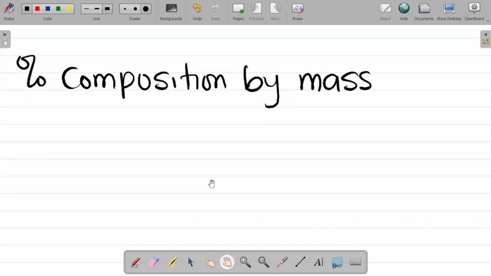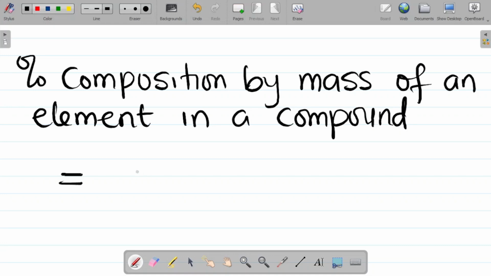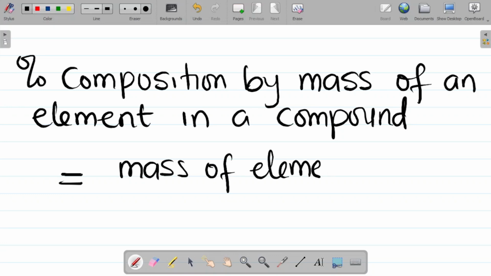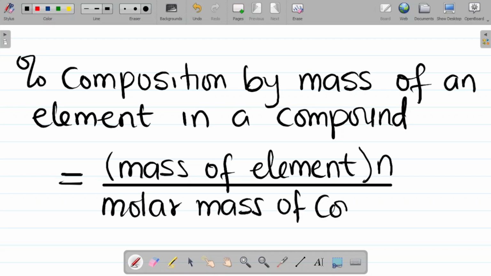The formula for percentage composition by mass of an element in a compound is: mass of the element multiplied by n, divided by the molar mass of the compound, times 100%.